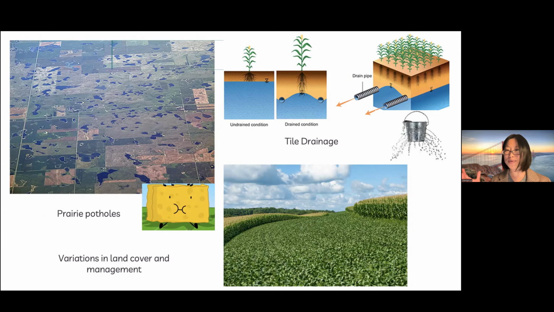So several square kilometers is too small for us, and we never zoom in to such a small area. But when we look at the 30-meter data sets, we still see large spatial and temporal variations in the land cover and management. For example, for fertilizer use, we see several-fold differences in nearby fields.